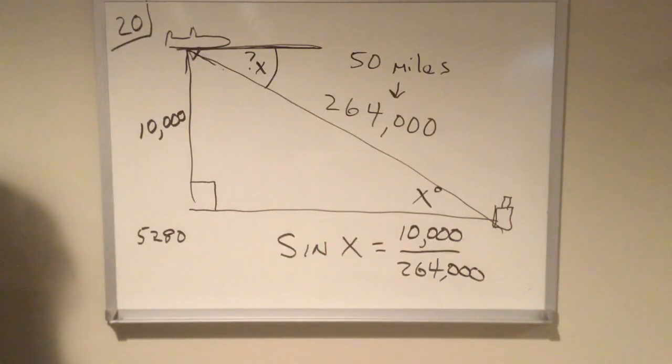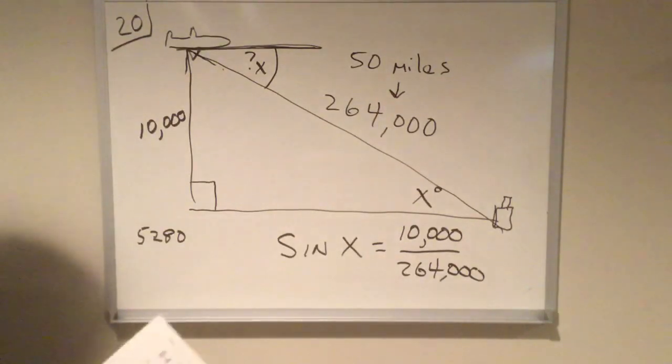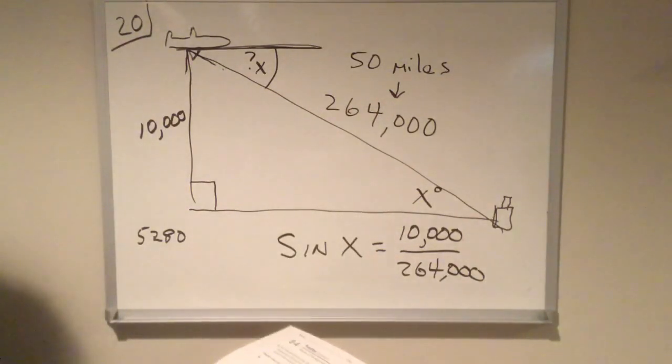Remember, second button, or if you have another type of calculator, Casio, possibly shift. But second sine, 10,000 divided by 264,000, enter. Okay?